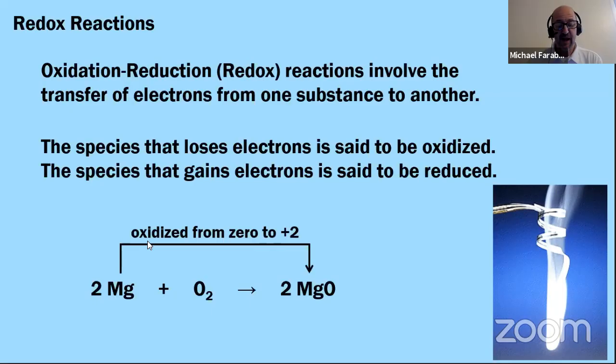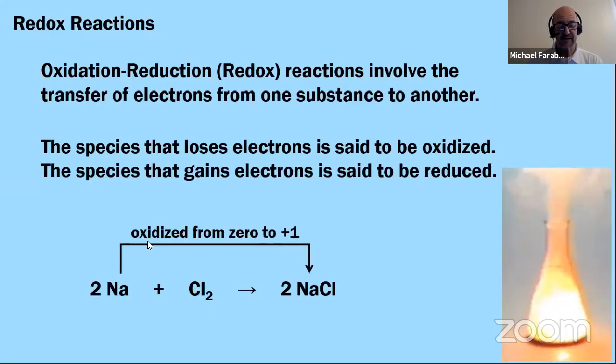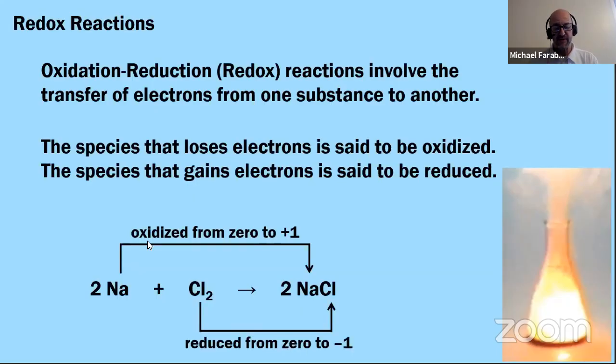The magnesium is being oxidized from 0 to +2, and the oxygen is being reduced from 0 to -2. Another example of a redox reaction is the reaction between sodium metal and chlorine gas to produce sodium chloride. In this reaction, sodium is oxidized from 0 to +1, and chlorine is reduced from 0 to -1.